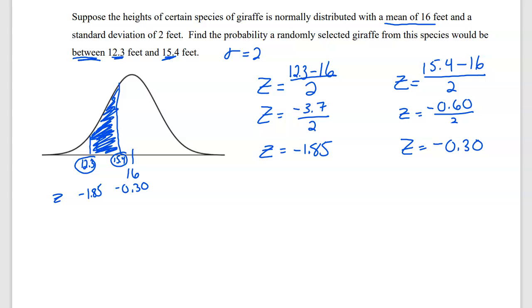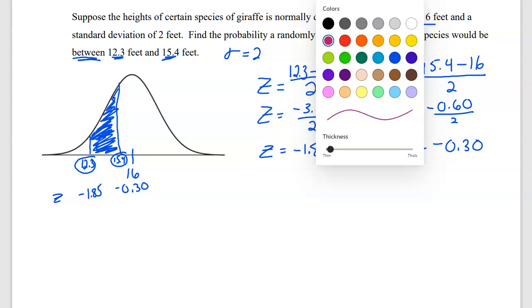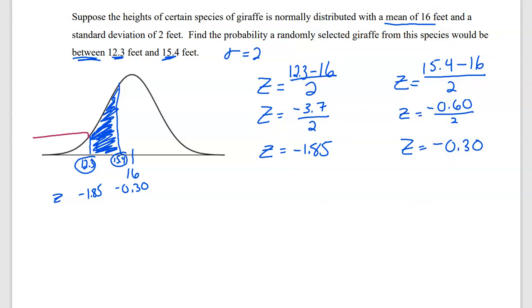So now we're going to have to look up both of these numbers on our chart. We're going to look up a negative 1.85 and a negative 0.30. And if you recall, the chart is going to give us this value and this value. And we're going to have to subtract those two so that we can get this in-between value. Okay?